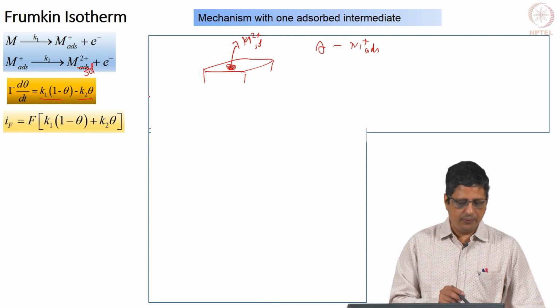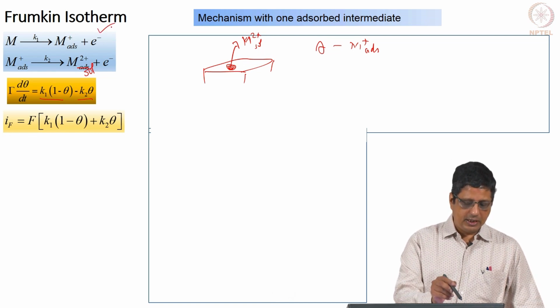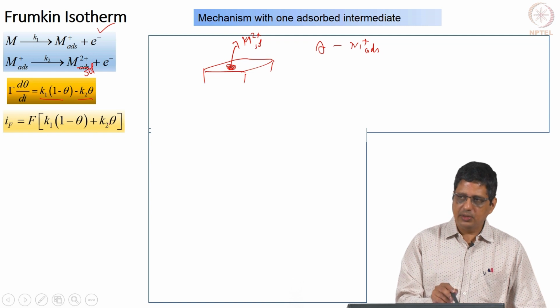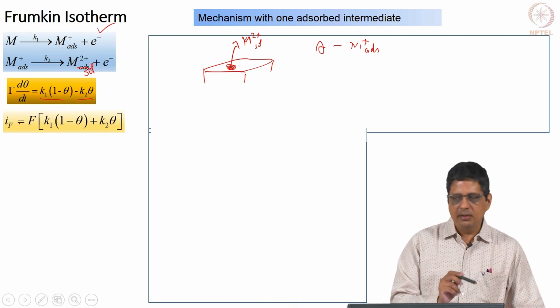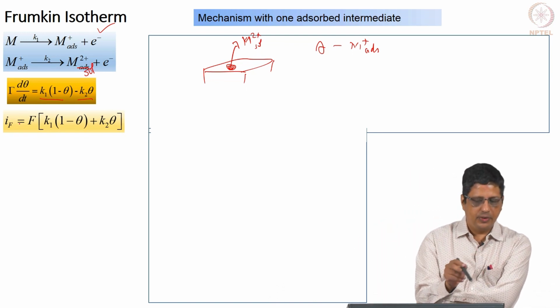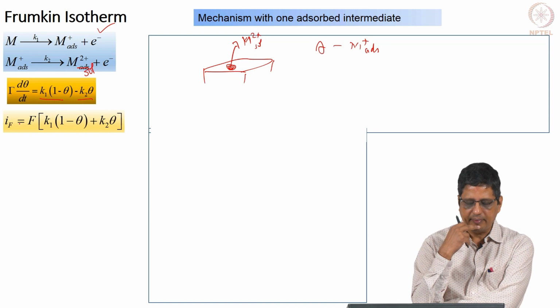We have seen this before. We can write the current: from the first step the rate is K1 (1 minus theta), from the second step the rate is K2 theta, and both of them give an electron. Therefore, we add them and multiply by the Faraday constant to get the total current of the overall reaction. This is the Faradaic current.